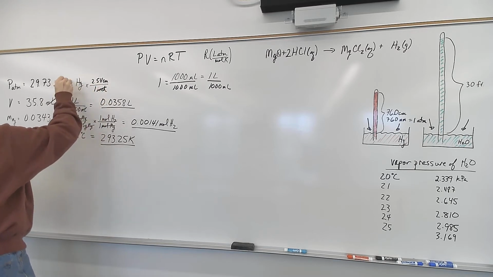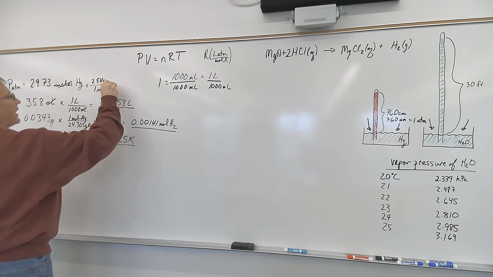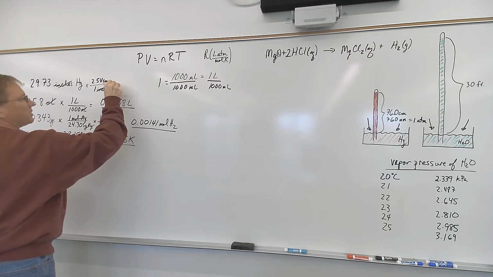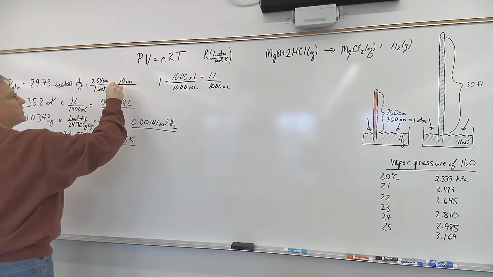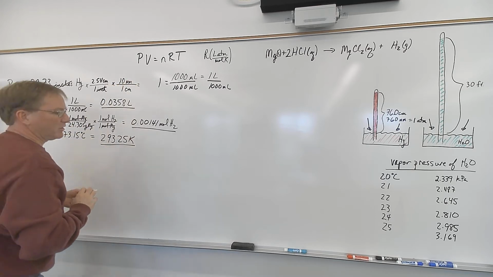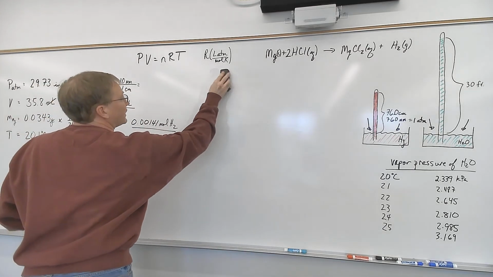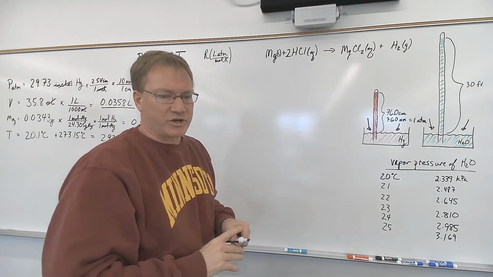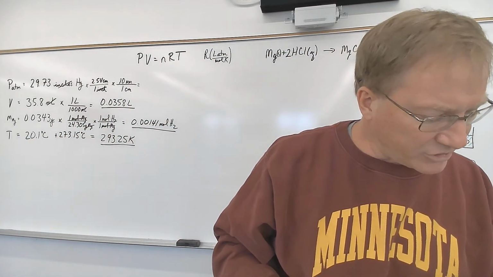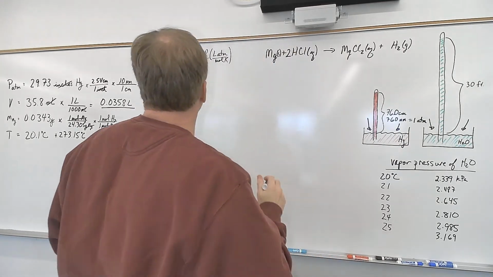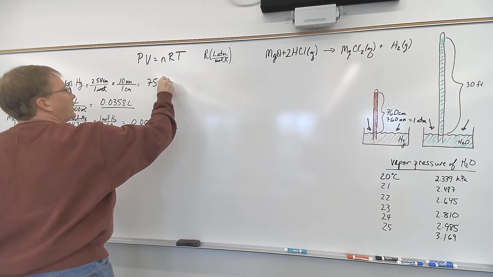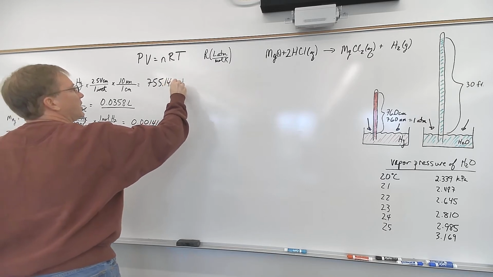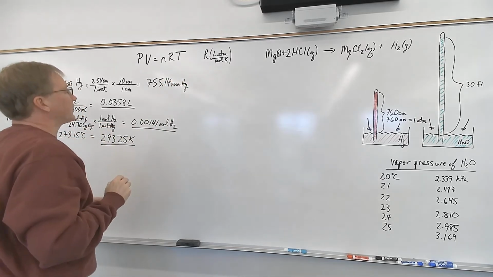So the inches cancel out, and if I want millimeters, I know that there are 10 millimeters for every 1 centimeter. And so now when I do that calculation, the atmospheric pressure is 755.14 millimeters of mercury, all right?